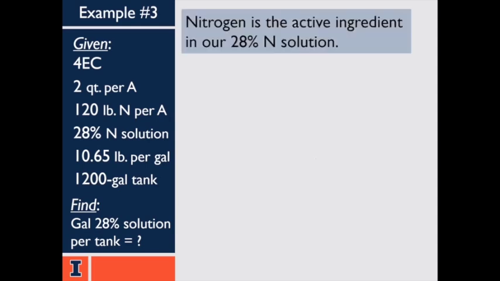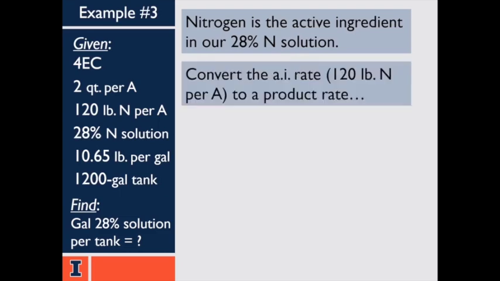The first thing to realize here is that this is a well-disguised active ingredient problem. We want to apply 120 pounds of nitrogen per acre, but we are doing so using a 28% nitrogen carrier solution. So, like any other active ingredient problem, we need to convert the active ingredient rate, in this case the nitrogen rate, to a product rate.